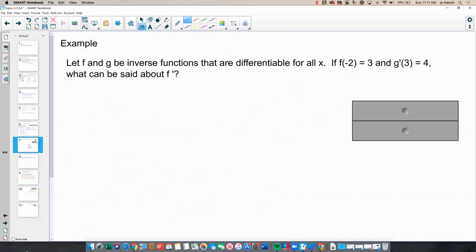Let's look at a third example. F and g are inverse functions that are differentiable for all x. If f of negative 2 equals 3 and g prime of 3 equals 4, what can be said about f prime? Well, since f of negative 2 equals 3, then we know that a is negative 2, and b is 3.